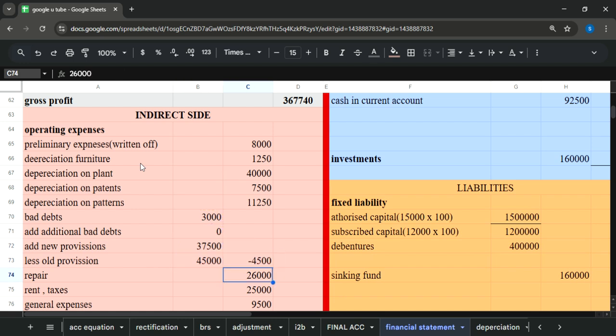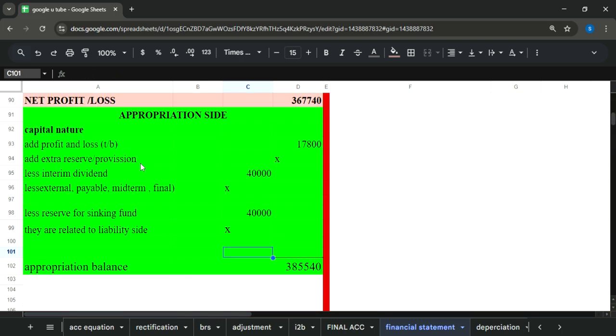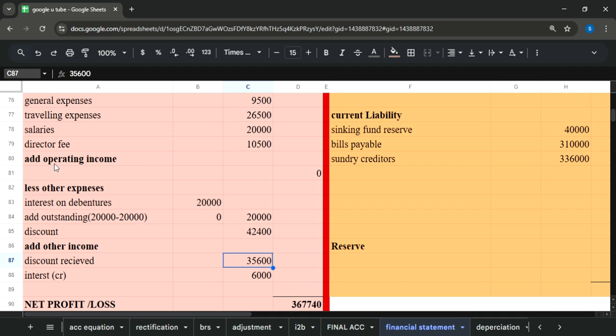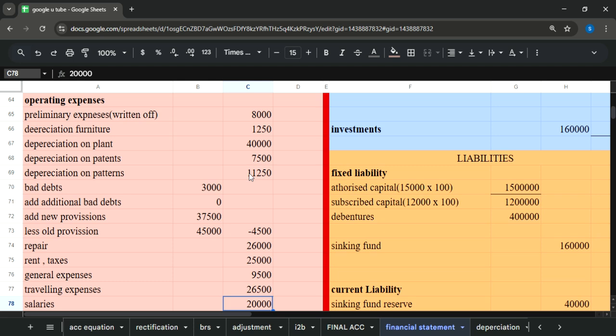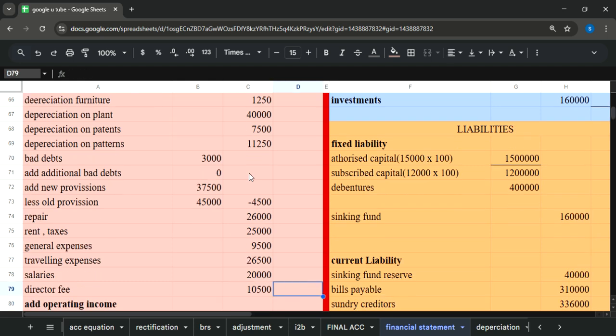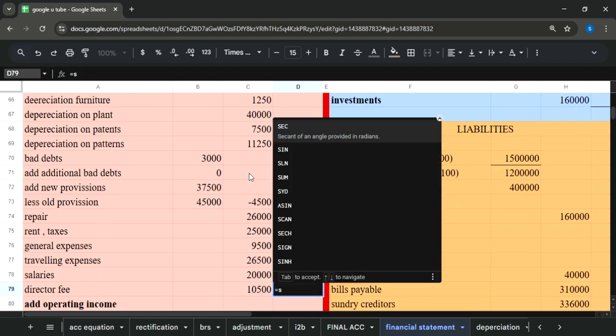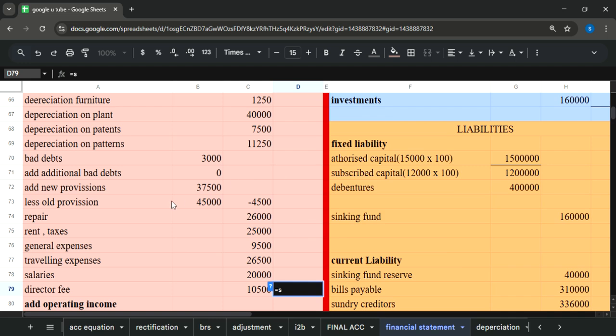So we have got minus. There are two ways to solve it. Either write minus over here, or you can go to operating income side and you can write 4500 over here. So we are leaving it as it is, first option. Now all other calculations, I think they do not need for any sort of adjustment.